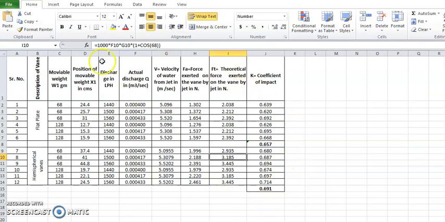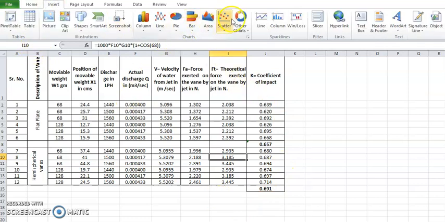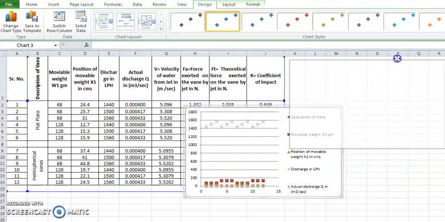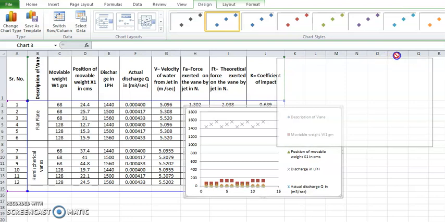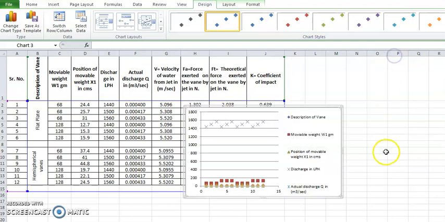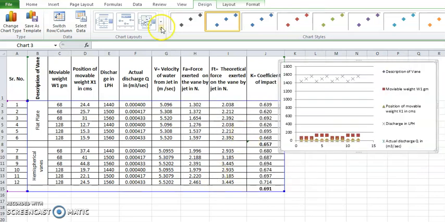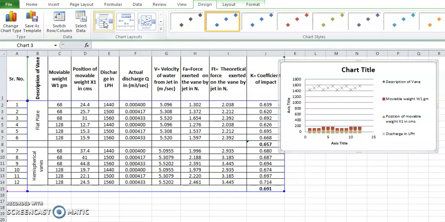Once the calculation part is done, you have to insert this graph, scatter graph, somewhere here. You can place it somewhere here. Okay. Then you can select the chart layout also.